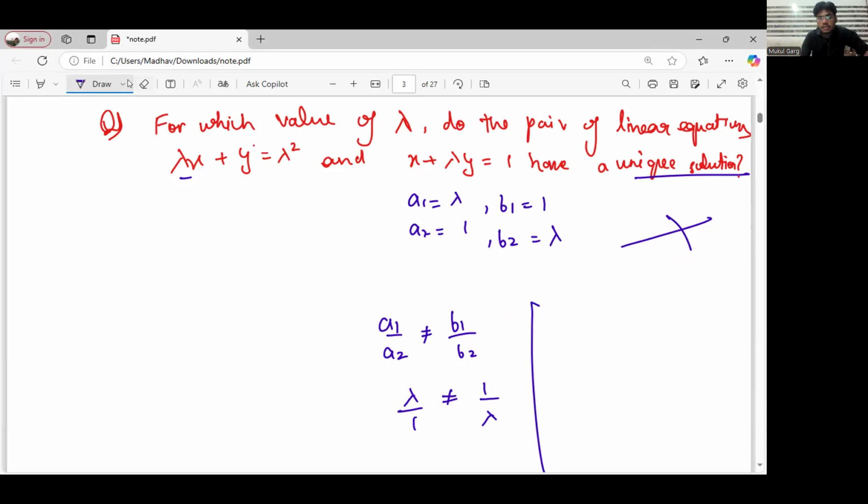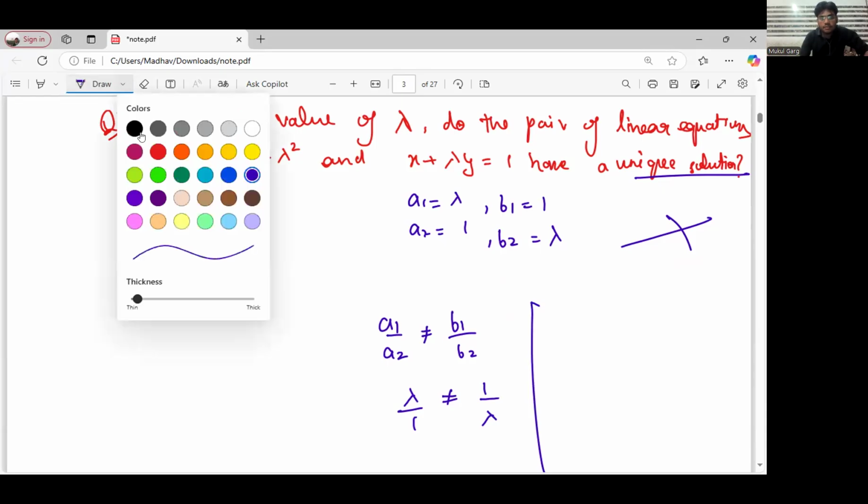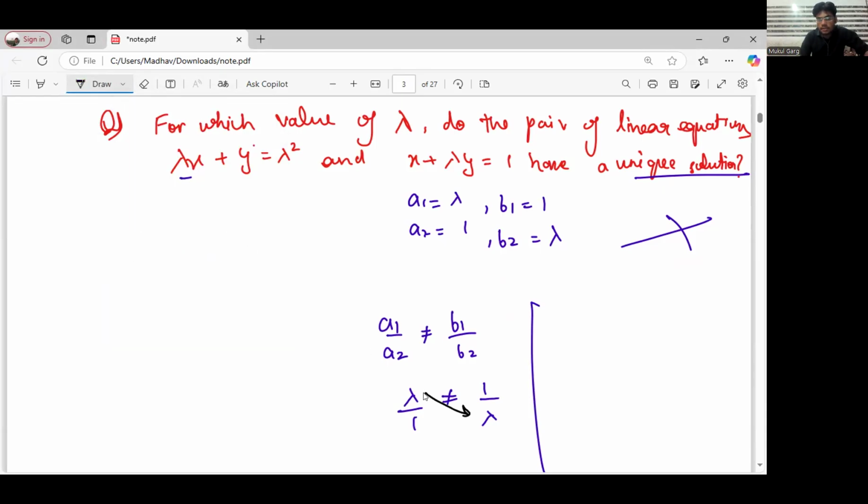Do the cross multiplication: lambda into lambda gives lambda square, equals 1 into 1, that's 1. Now we have to solve for the value of lambda. So lambda is going to be plus minus 1. So it means the value of lambda can be any real number, but not plus minus 1.